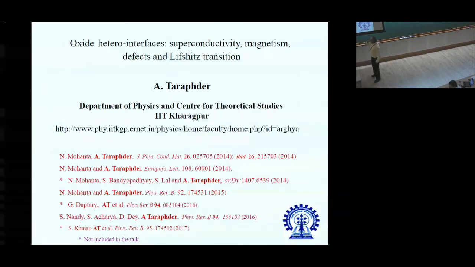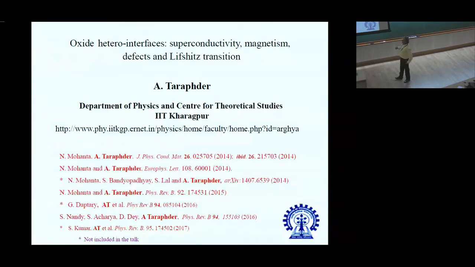What I will do today is introduce you to this subject of interfaces, which has got a lot of attention of late. The discovery came in 2004, and then it hibernated for about 10 years, owing primarily to the difficulties in making samples. But when people started making samples, a plethora of papers came out.